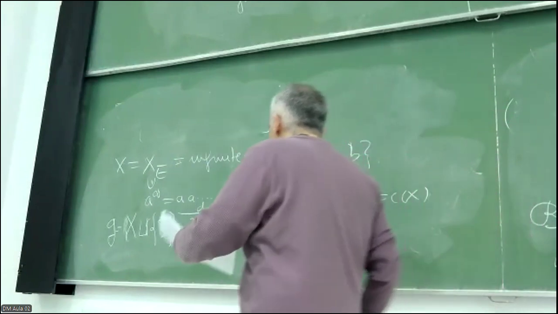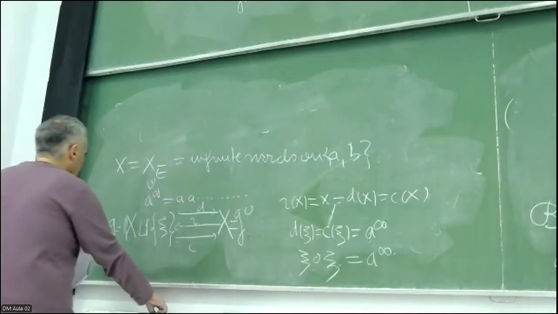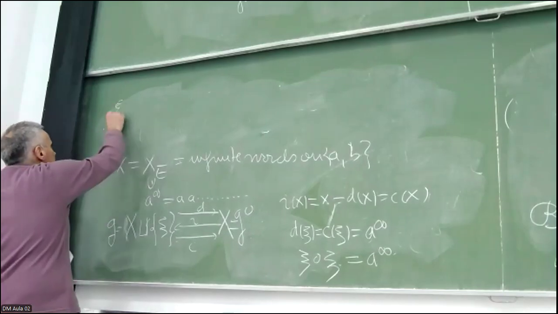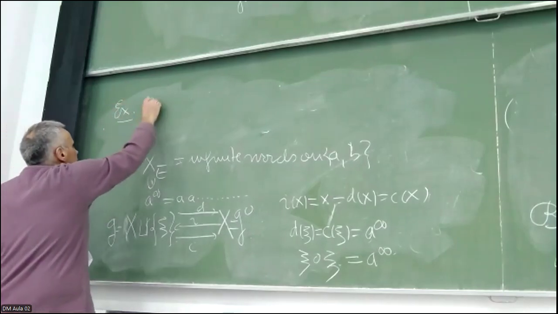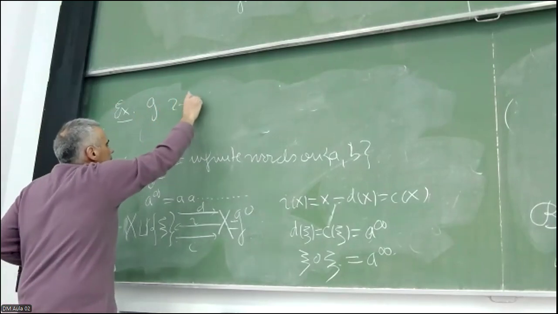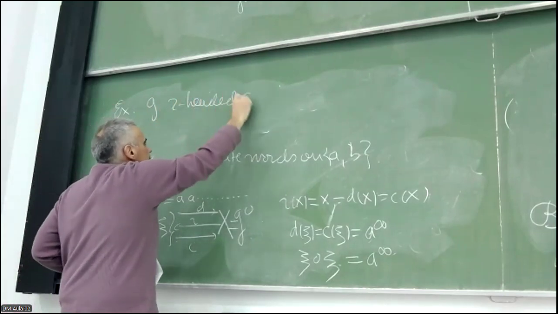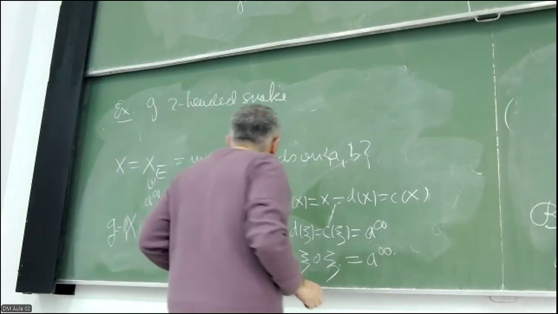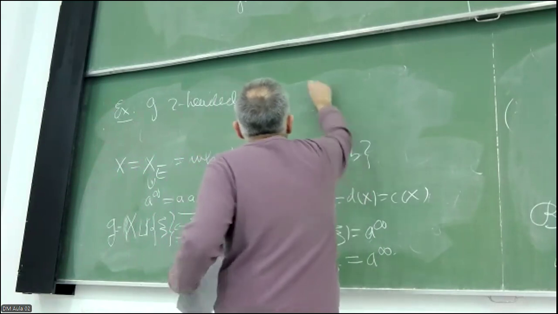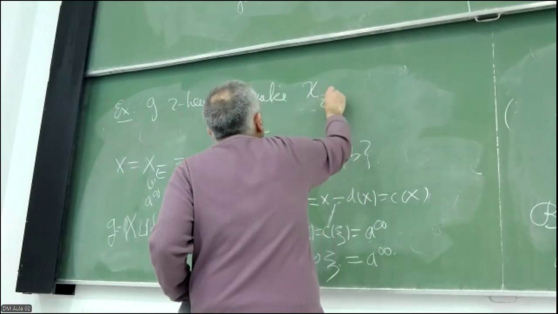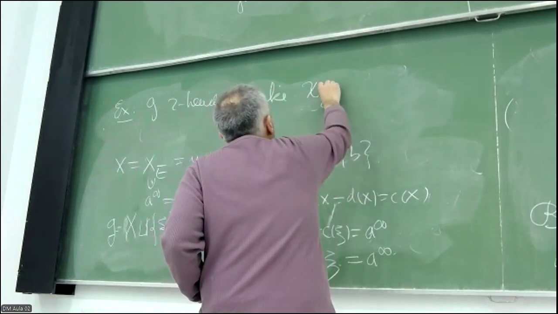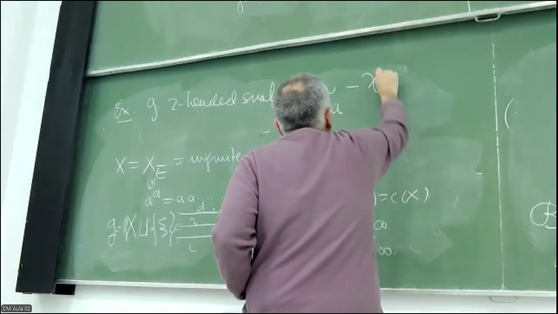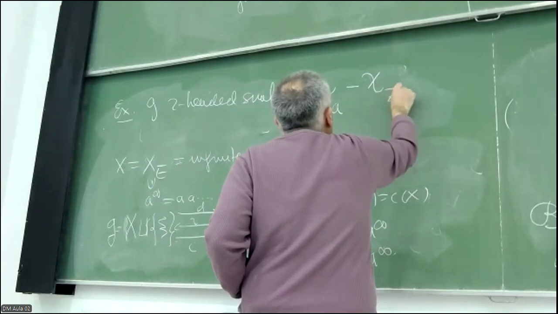So in the general case, if X is not Hausdorff, so in this case, X is not called X but G, the two-headed snake, then the characteristic function of Z tilde A minus the characteristic function of ZA.